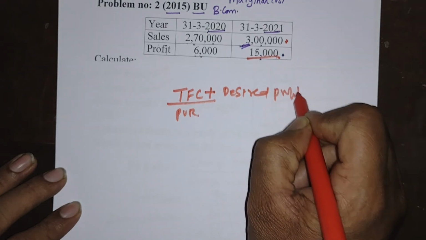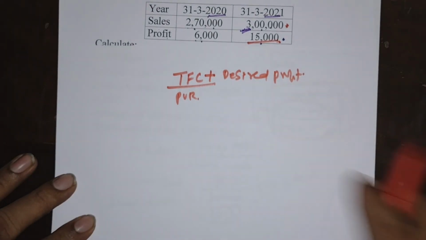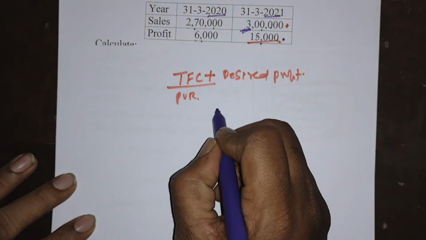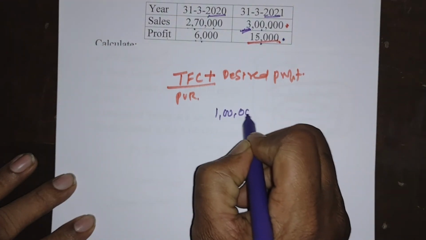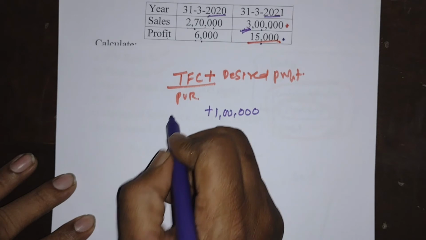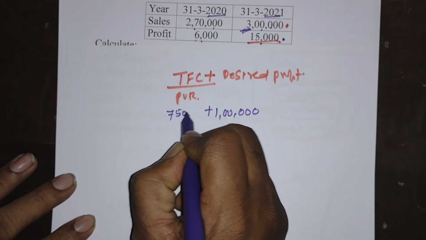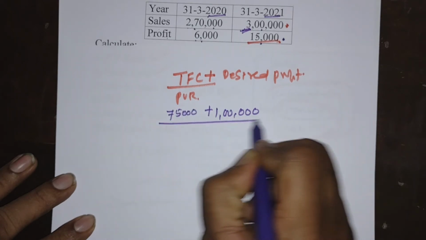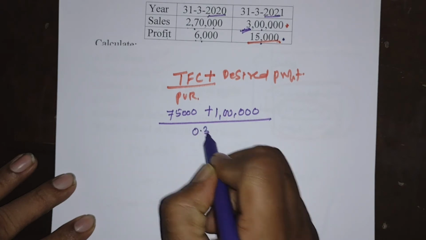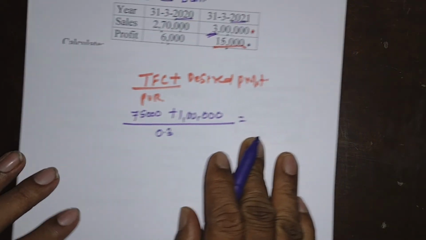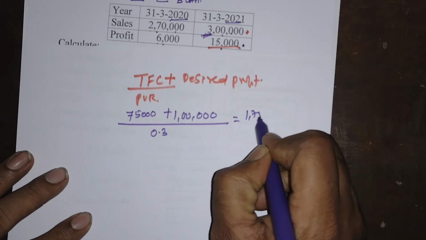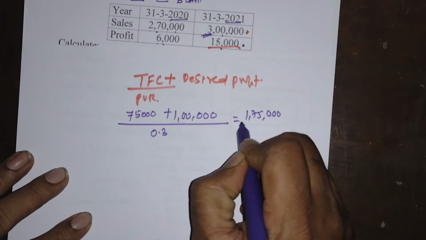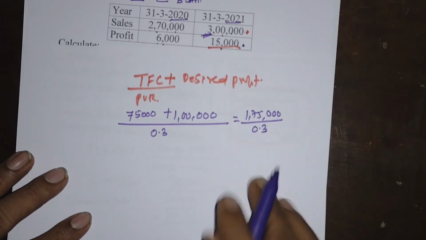My desired profit, given in the question, is 1 lakh rupees, and total fixed cost we calculated is 75,000, whole divided by 0.3. That is 1,75,000 divided by 0.3.